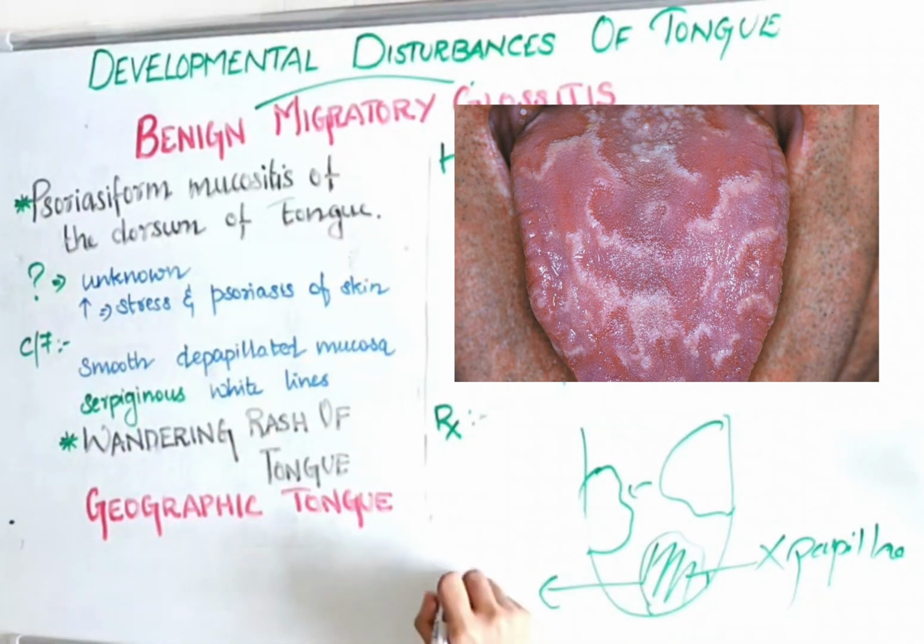I have mentioned it is a serpiginous white line. What is serpiginous? Serpiginous means snaky or something which is wavy. It is snake-like. So there is a wavy white line which will be surrounding the depapillated mucosa.